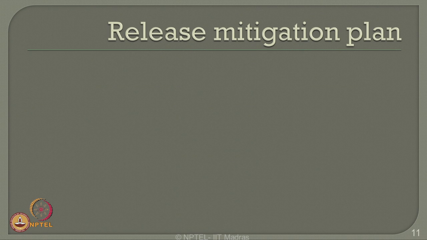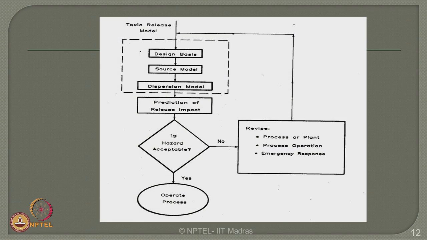Having understood how to compute the area of cross section of a plume model, and the dispersion relationships of a puff model in terms of x, y and zeta coordinates as you see in the previous slides, one is interested to know what would be the core idea of release mitigation plans, which essentially arise from these kinds of release models into the atmosphere.